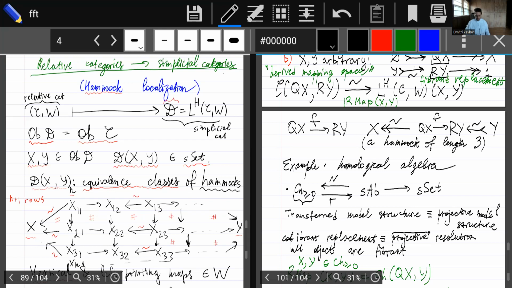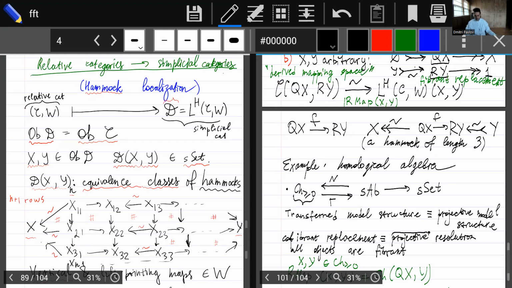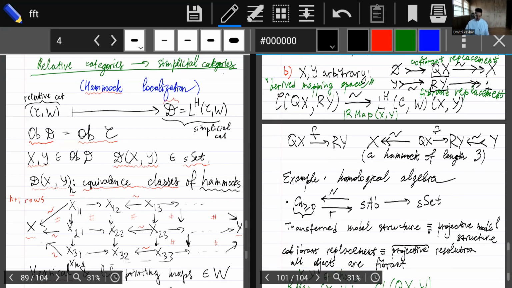And in particular, maybe I should have mentioned another notation for the left side, which is called R Map, and it's referred to as the derived mapping space.